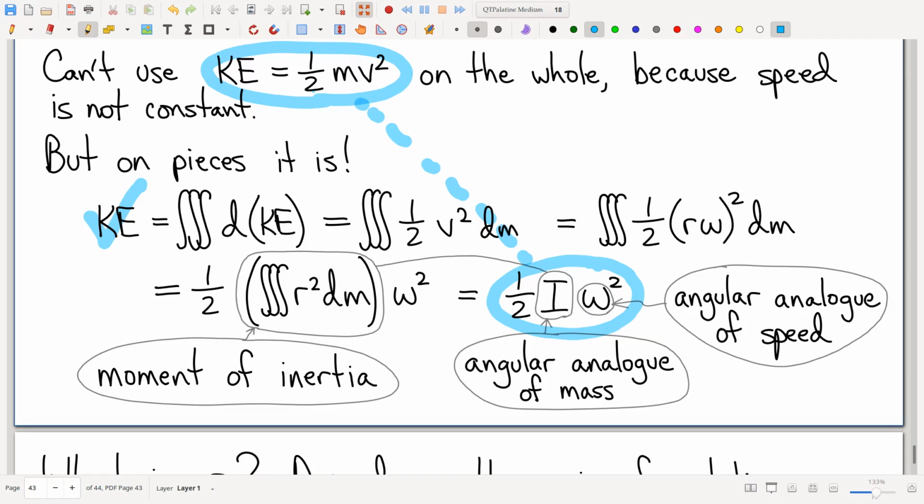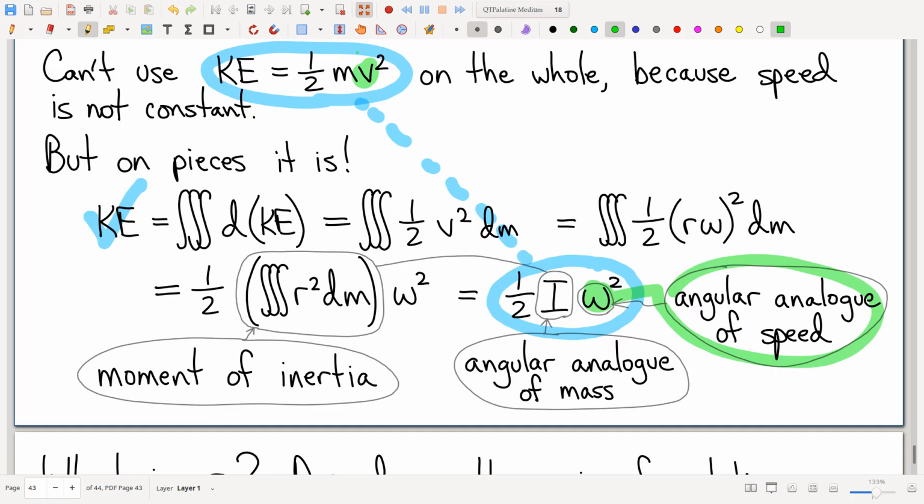In the top formula, this is linear speed, and in this bottom formula down here, this is angular speed. But said differently, with the understanding that we're viewing everything from a rotational point of view, omega, angular speed, is in the angular context playing the role that linear speed played in the above formula. So these are playing analogous roles.